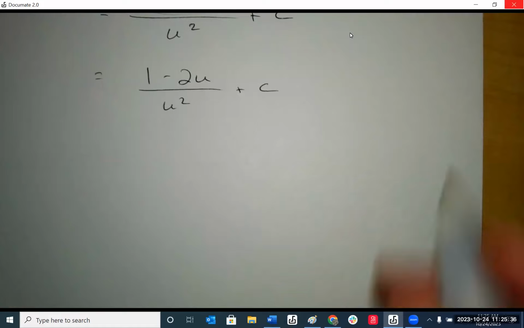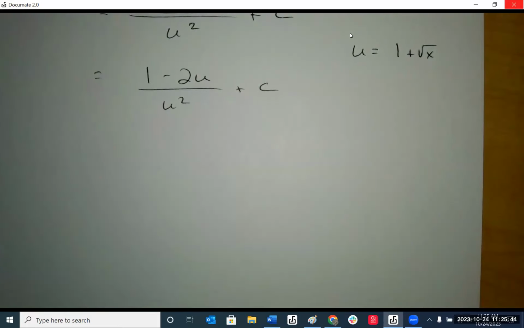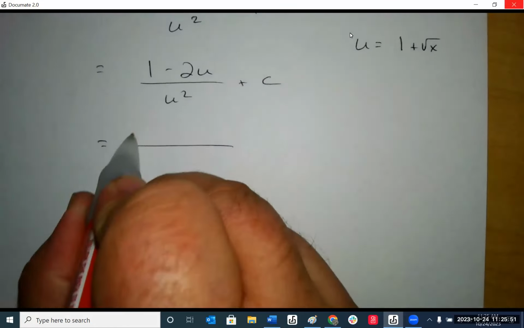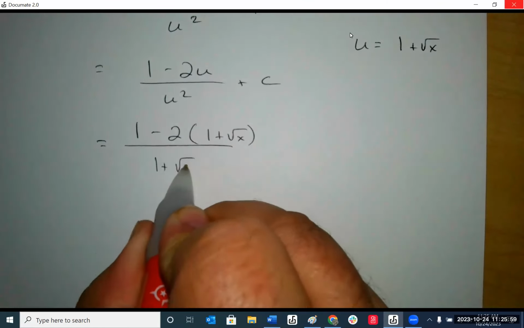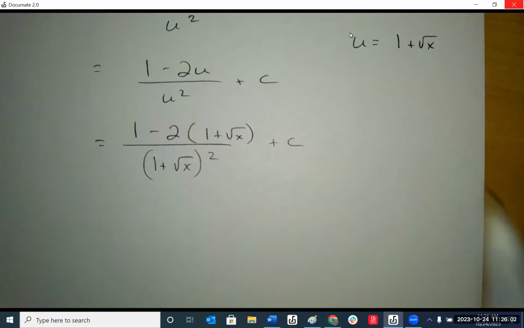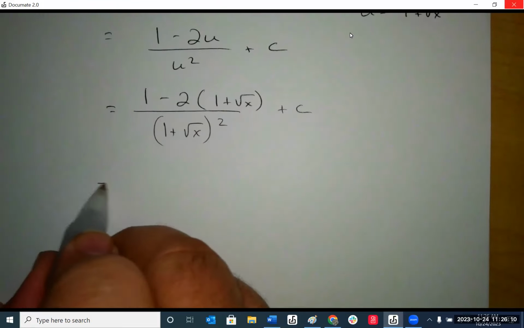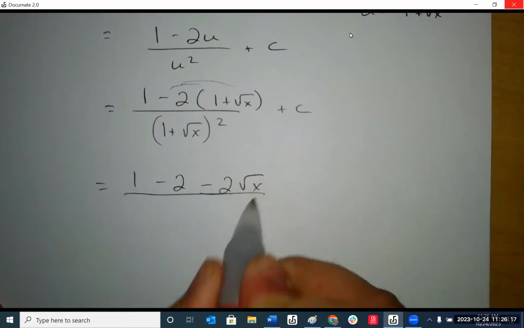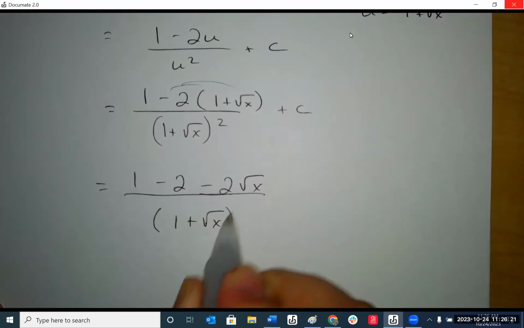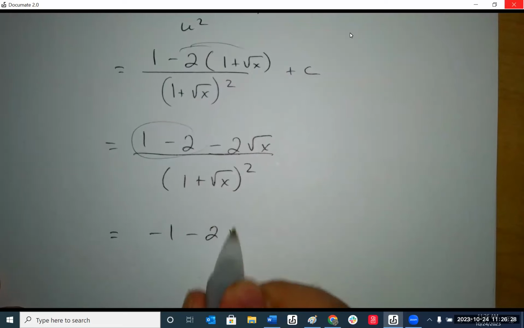What was u again? So we have here 1 plus radical x, 1 plus radical x squared, 1 minus 2 radical x over 1 plus radical x squared. Negative 1 minus 2 radical x.